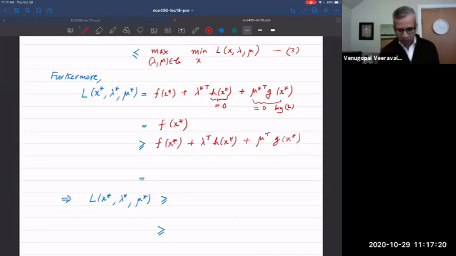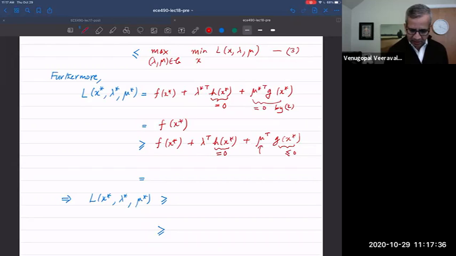Why is this true? Well, this guy is equal to 0 still. This guy is less than or equal to 0, and this guy is greater than or equal to 0. So when you take the dot product of those two, you'll get something that's less than or equal to 0, that's not positive.